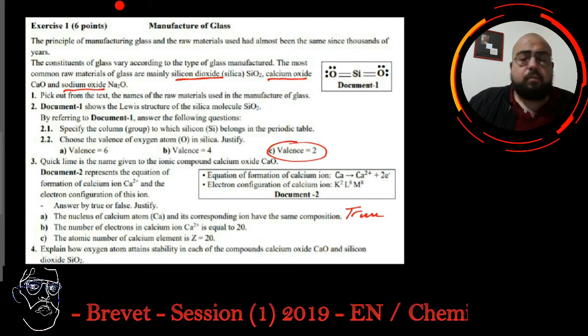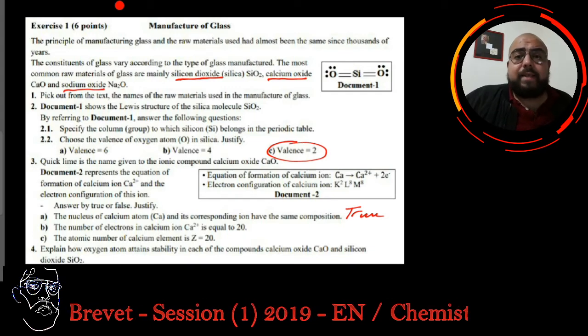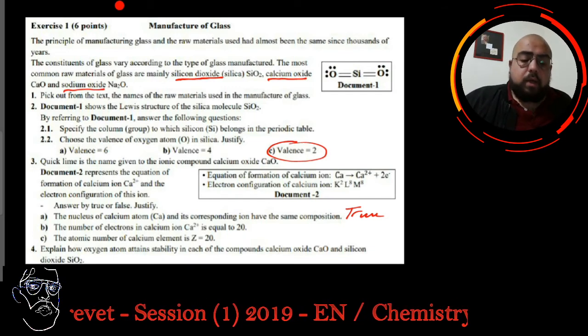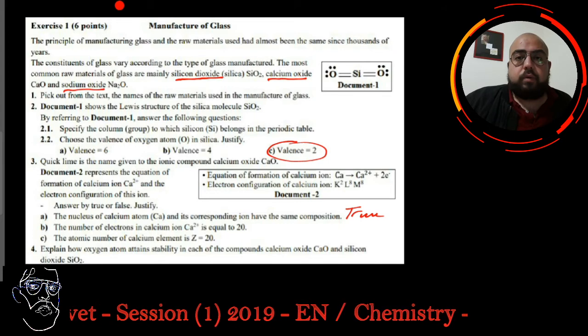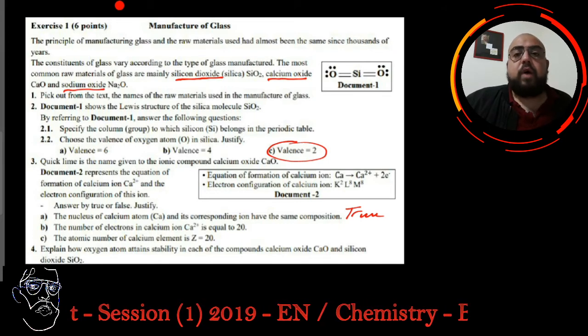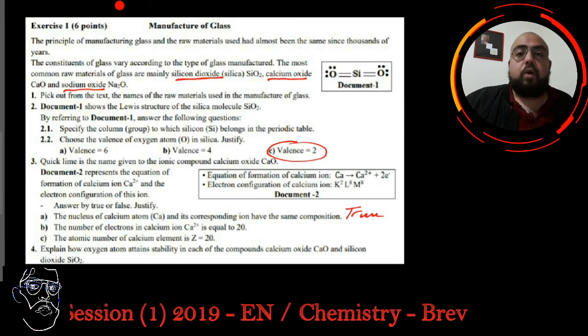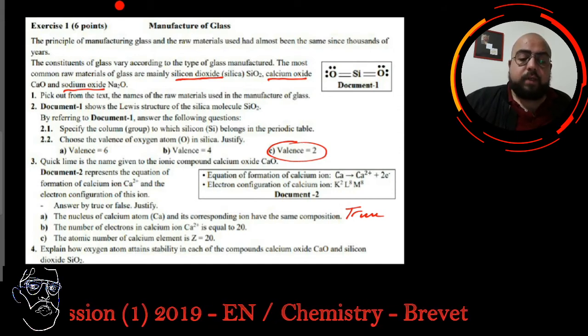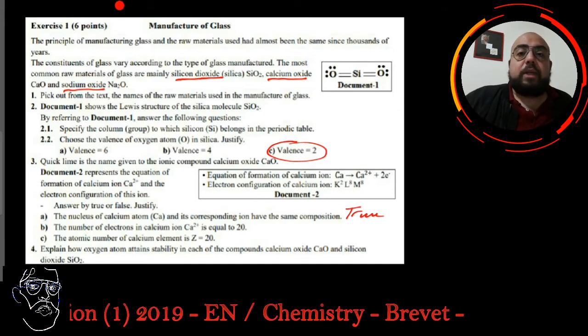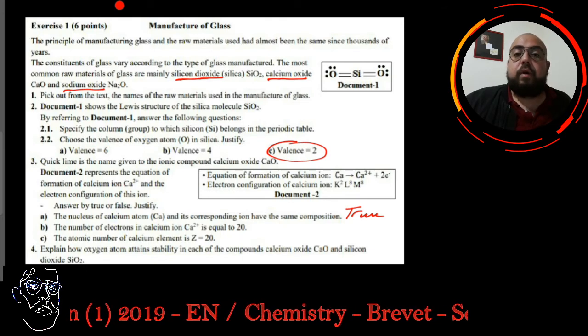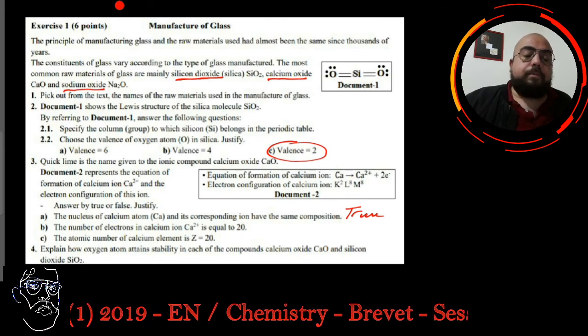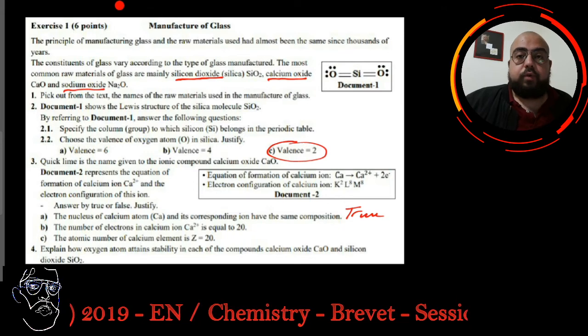So this is how you explain the stability of each compound. For CaO, you have the exchange of electrons, again in order to verify the octet rule. As for SiO2, you have the electrons which are shared, again to verify the octet rule.